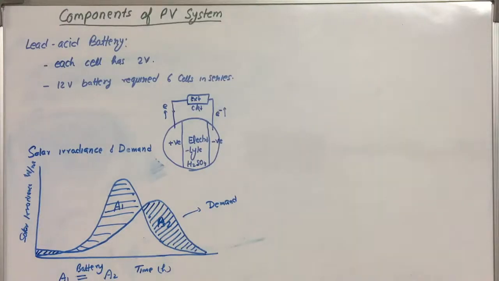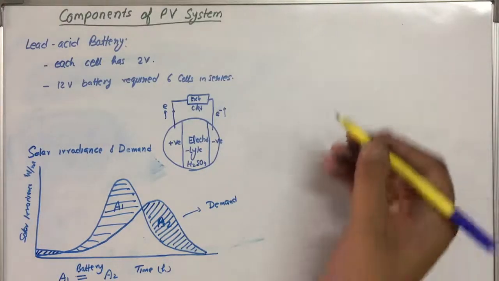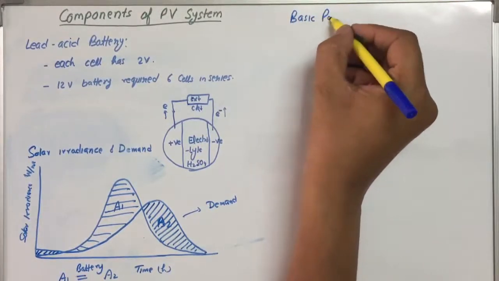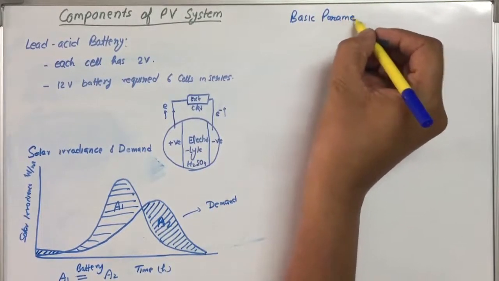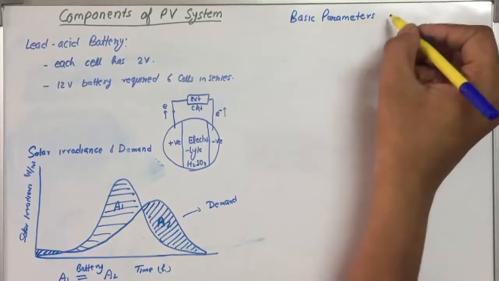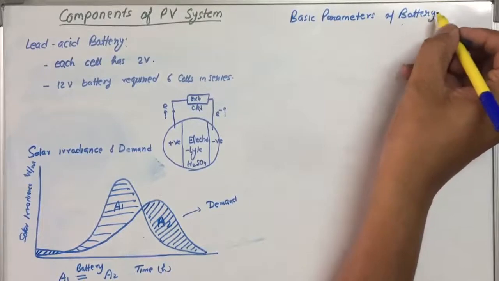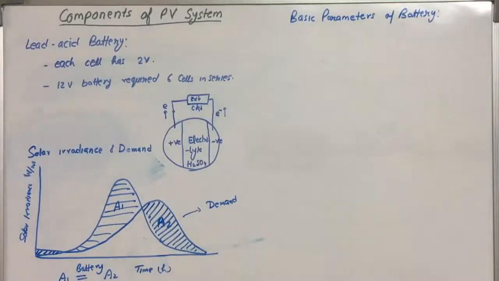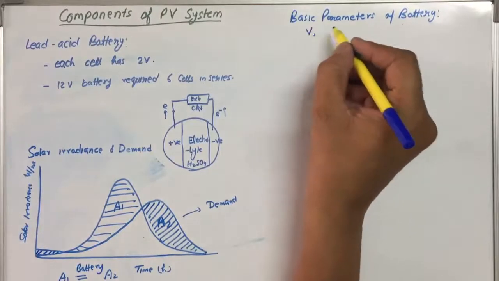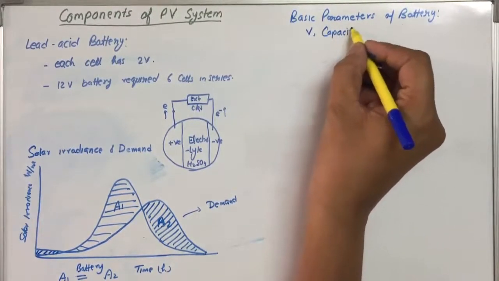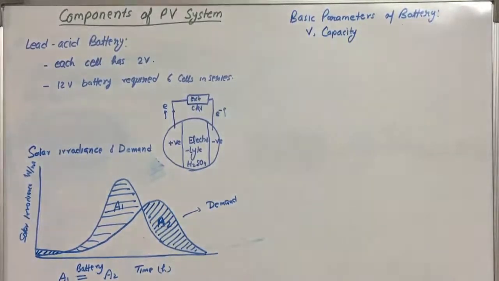Now let us discuss the parameters of a battery. So just write the basic parameters of a battery. In this we have two important parameters, voltage and capacity of the battery.